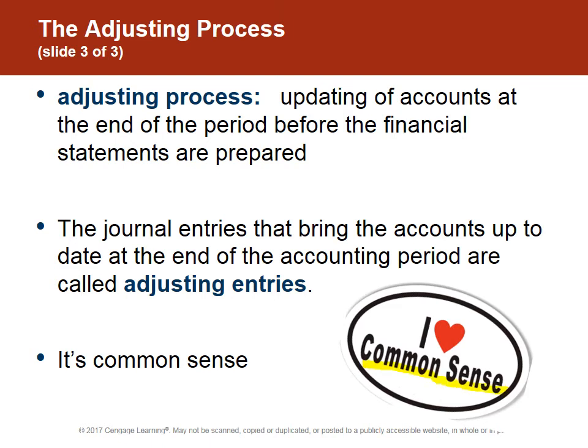Adjusting process means updating at the end of the period, just based on common sense. And the common sense may be as simple as, okay, I paid insurance that's going to last a year, and 3 months have passed, so a third of that is an expense. And the journal entries that bring the accounts up to date are known as adjusting entries. Oftentimes, they're known as adjusting journal entries.